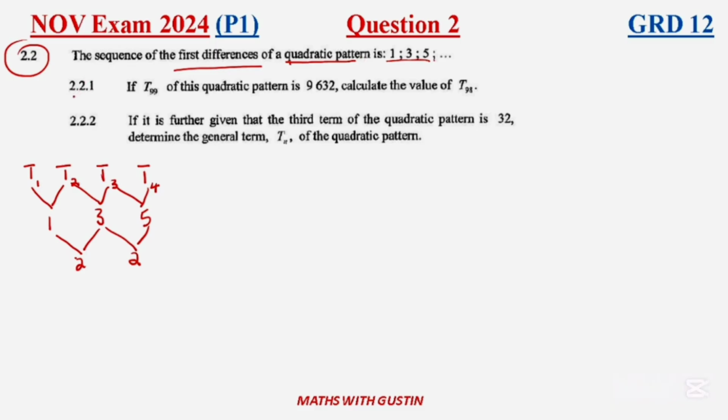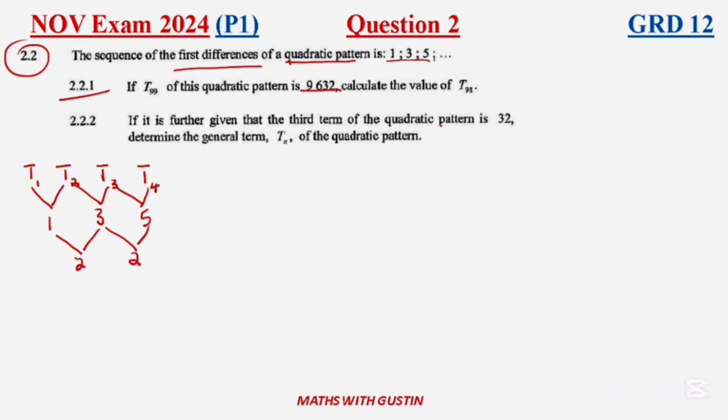All right, so let's go on. 2.2.1. It says if T99 of this quadratic pattern is given by that, calculate T98. Okay, so now here, guys, you need to think very carefully about this one.